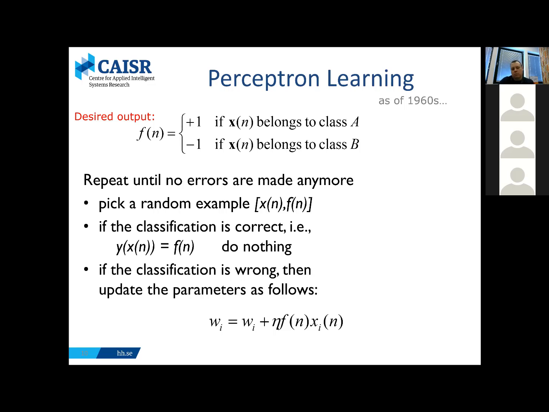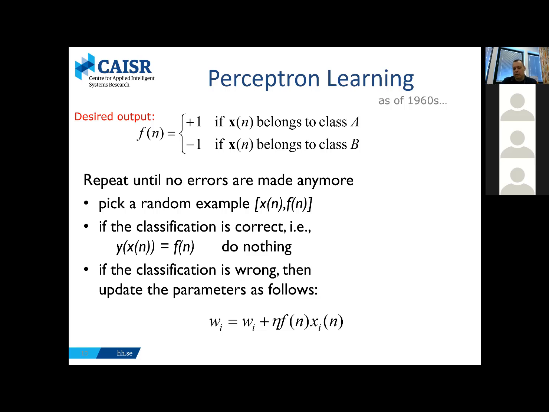If you look at the equation here, you take the old weight and then you modify it based on the learning rate times the expected output times the corresponding input for this weight.